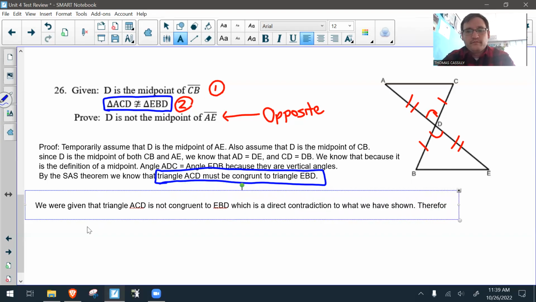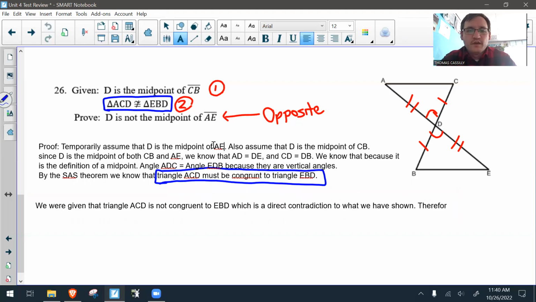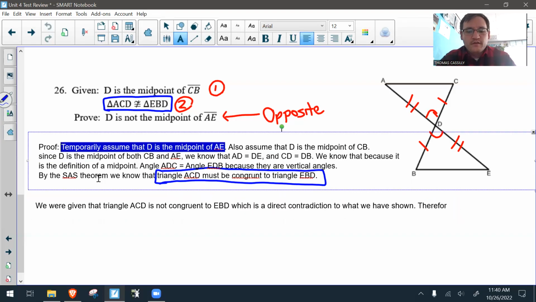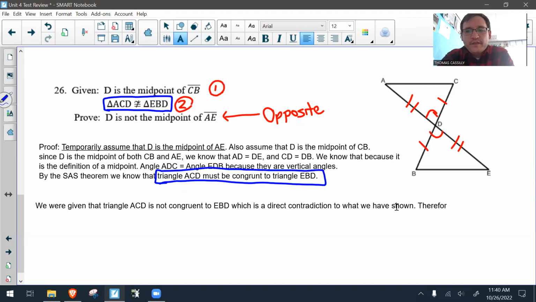Therefore, we showed that they were congruent, we were given they're not congruent. So the only thing that must be true is that our temporary assumption is false. The whole reason we were able to get that these triangles were congruent is because we assumed the opposite of what we were trying to prove. We assumed that D was the midpoint of AE. So this assumption right here, there's no way that that has to be true.